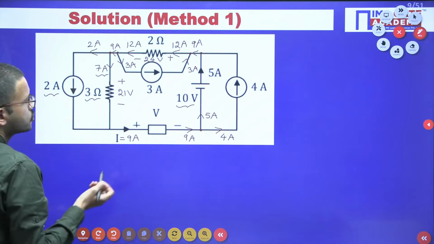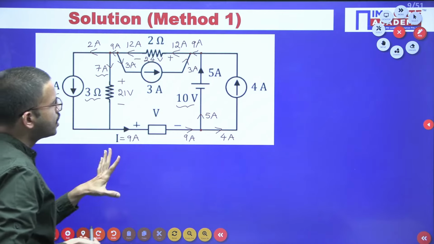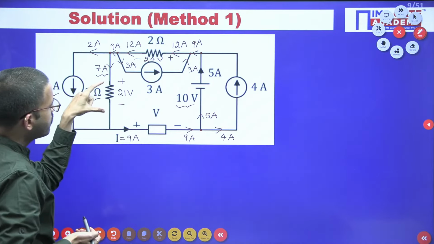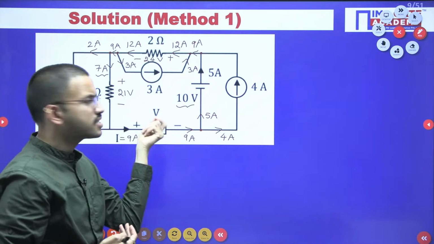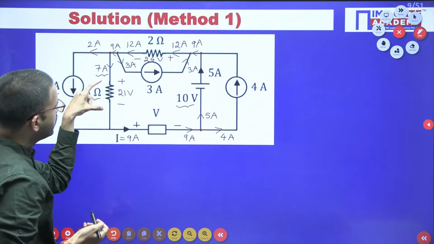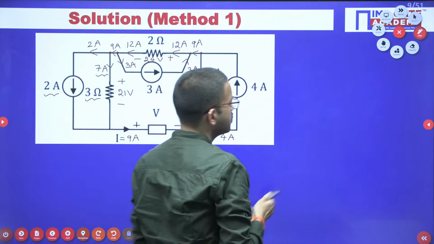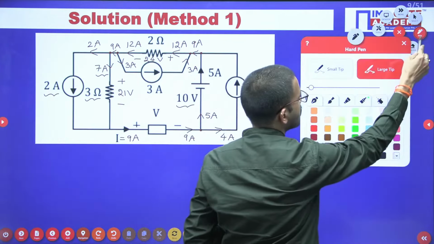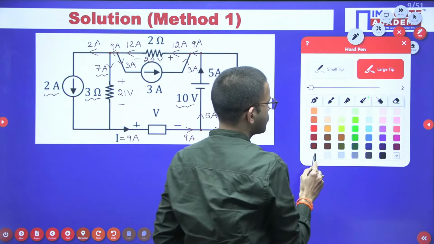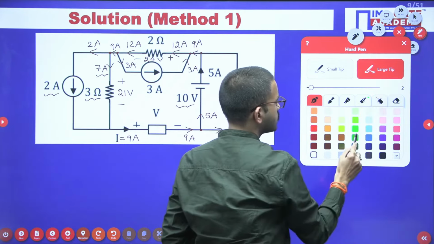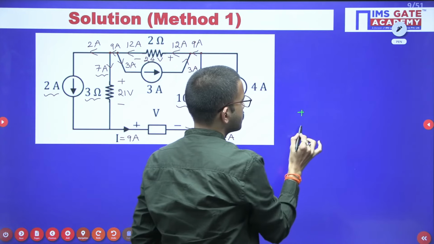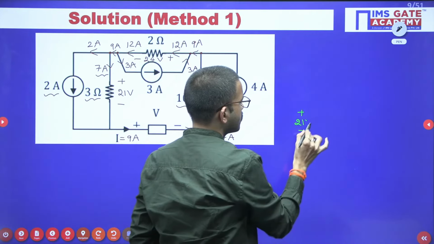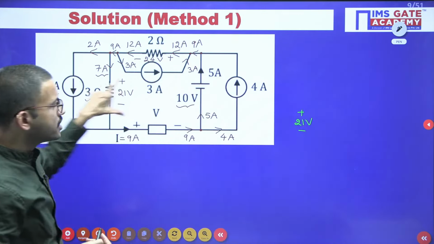For the time being, if you observe carefully, instead of writing a mesh equation or KVL, just like in the earlier question, I am using the same approach here. Here you have plus minus 21 volt.